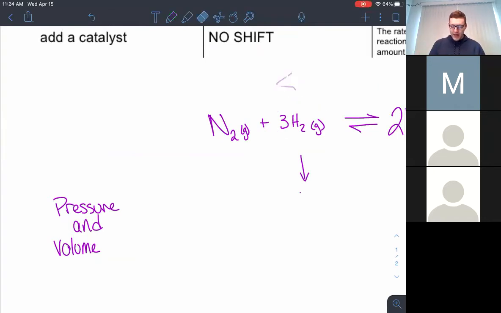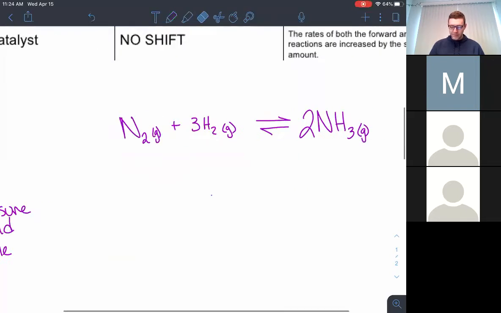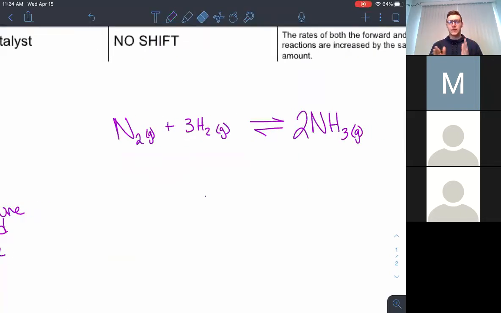So if we look at this reaction here, which side has fewer moles, the reactants or the products? The products have fewer moles. Because this has 2 moles, and this has 4 moles. So this one has more moles.